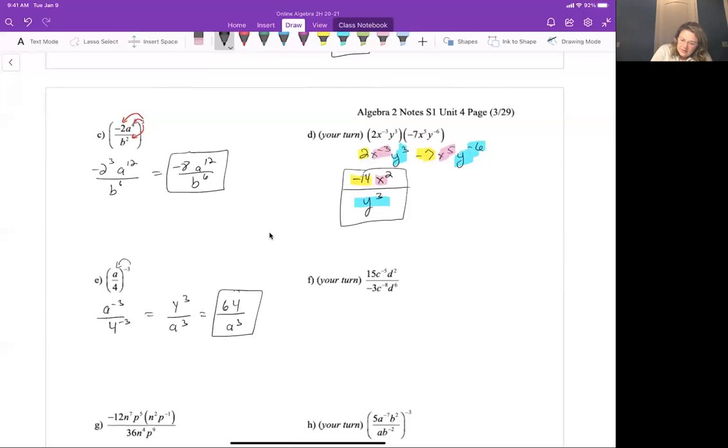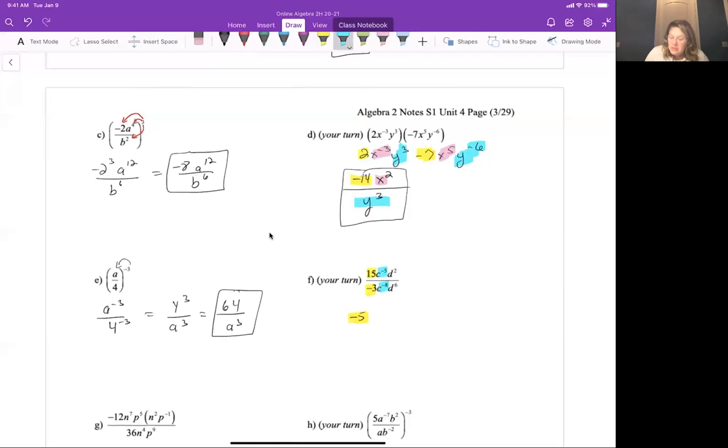All right, welcome back. I would take 15, divide it by negative 3, and that gives me negative 5. I would look at my c's next. I have c to the negative 5th over c to the minus 8. Negative 5 minus a negative 8.